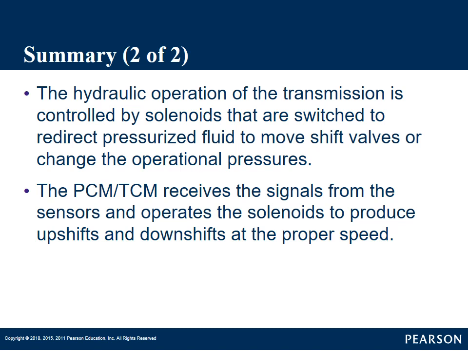And if we have separate PCM and TCM, then the PCM and TCM have to communicate. So you could see where if we had communication errors between our PCM and TCM, we could have transmission problems to where once we fixed our communication problems, the shift problems would go away.